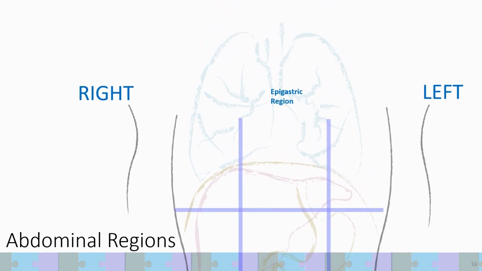Let's take a look at that epigastric region. So we do see the stomach, part of the liver, part of the pancreas, as well as the small intestine start to be up this direction. You will see a portion of the large intestine as well.